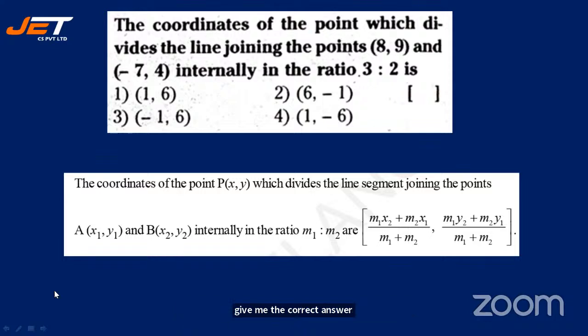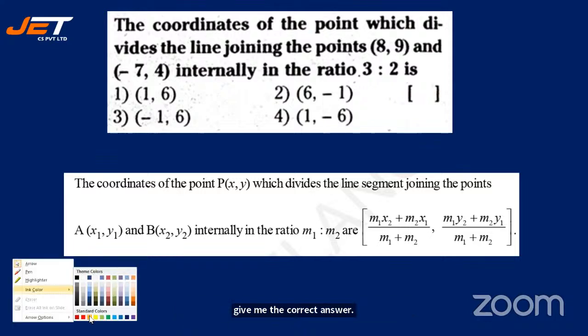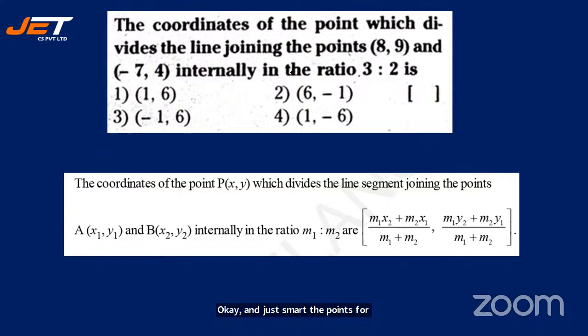Okay. I'll just mark the points for your convenience. So this should be X1, Y1. This should be X2, Y2. And this should be M1 and M2.